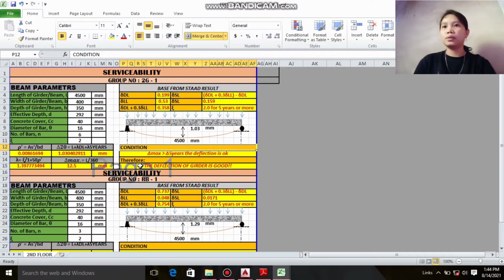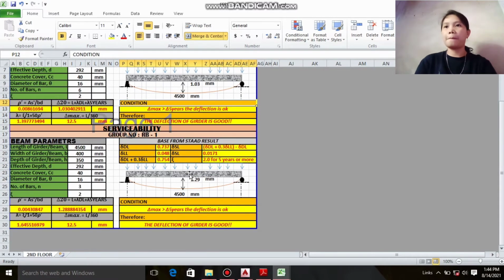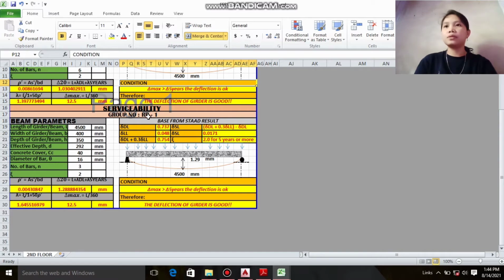So the condition is that the deflection is okay, therefore the deflection of girder is good. So the group number of roof beam 1, the beam parameters: length 4,500 mm. The width of girder is 400 mm. The depth of girder 250 mm.